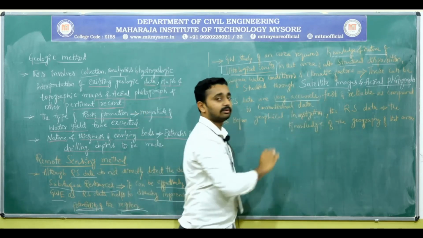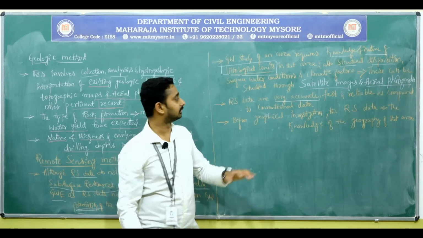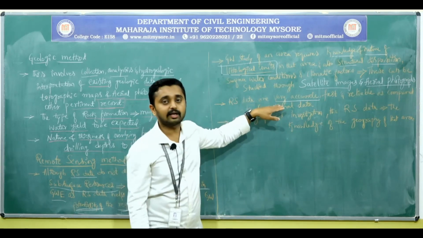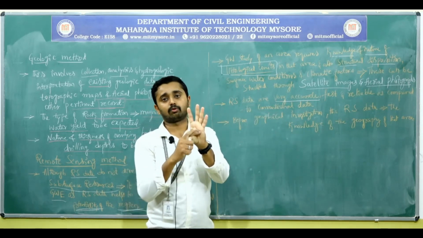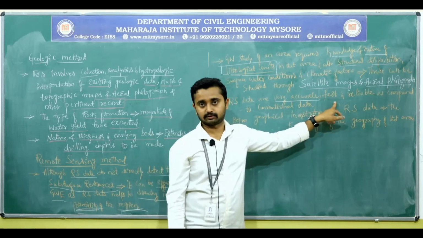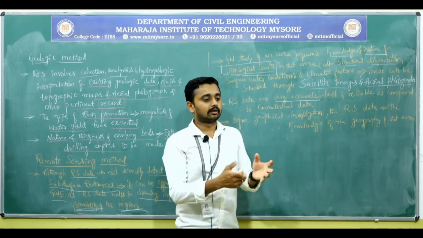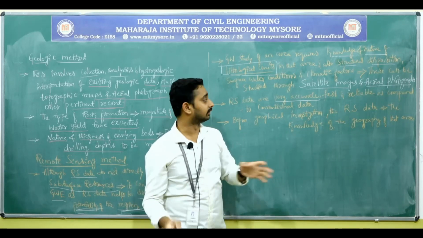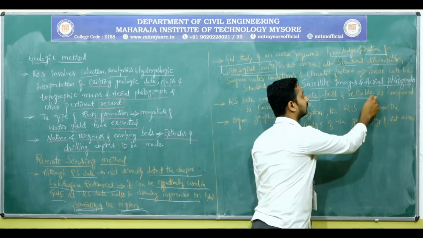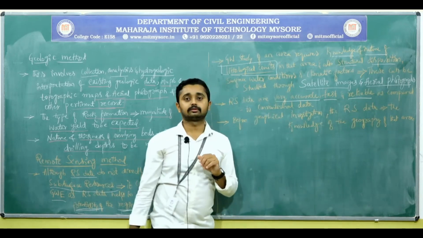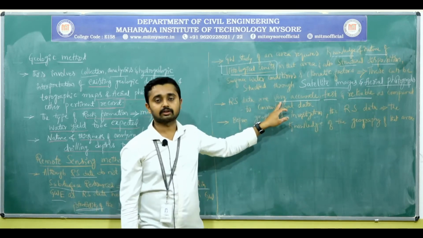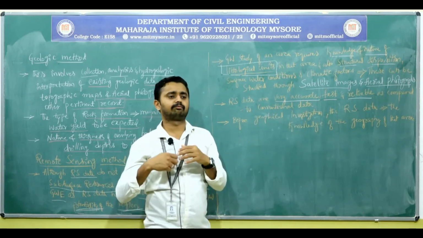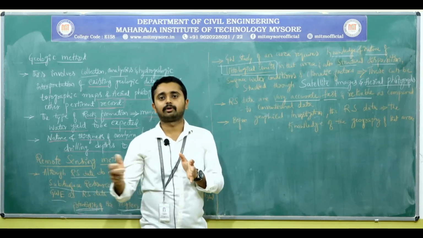Compared to the conventional method, remote sensing data are very accurate, and the most important thing is very fast. We can obtain the data too fast compared to the conventional method, and also reliable, correct? As compared to the conventional methods, remote sensing data are very accurate, reliable, and too fast.